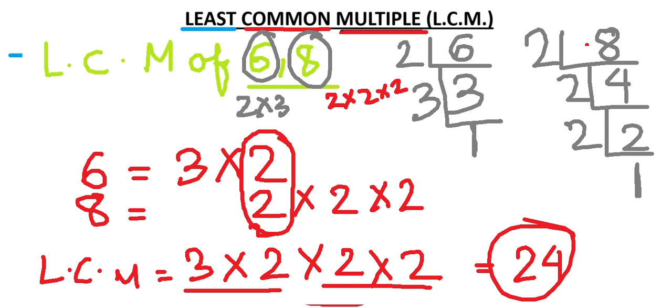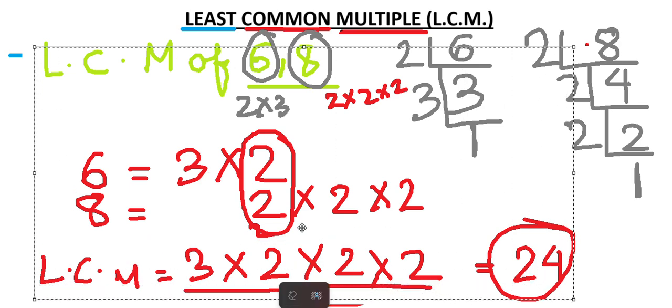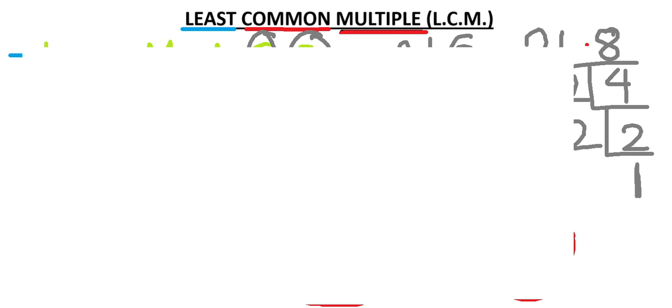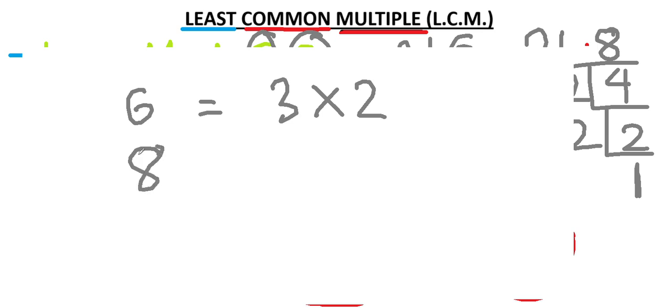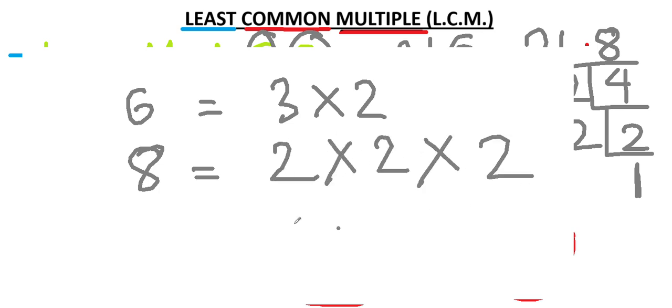Let me show you the common mistakes which a few people make. The factors of 6 were 3 and 2, right? And 8 is 2 2 2. So do not write the 2 over here, another 2 here and another 2 here. No, because 3 and 2 are two different numbers.